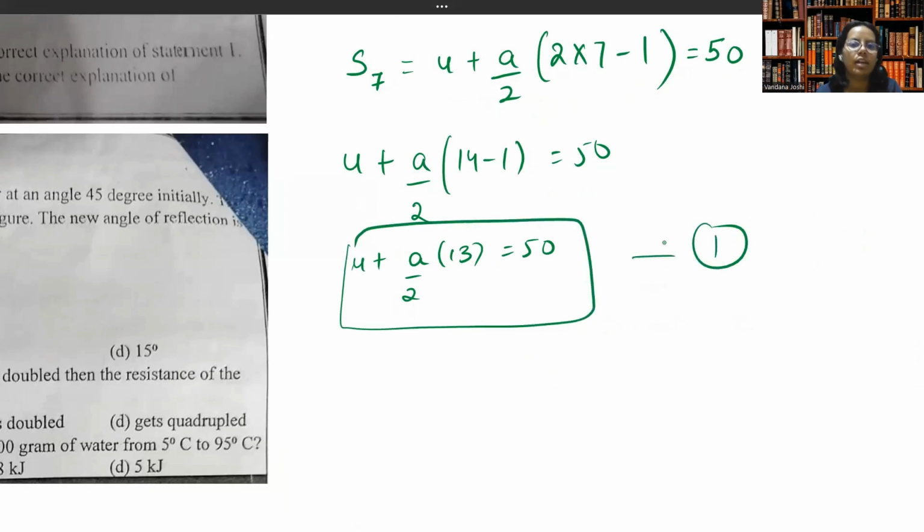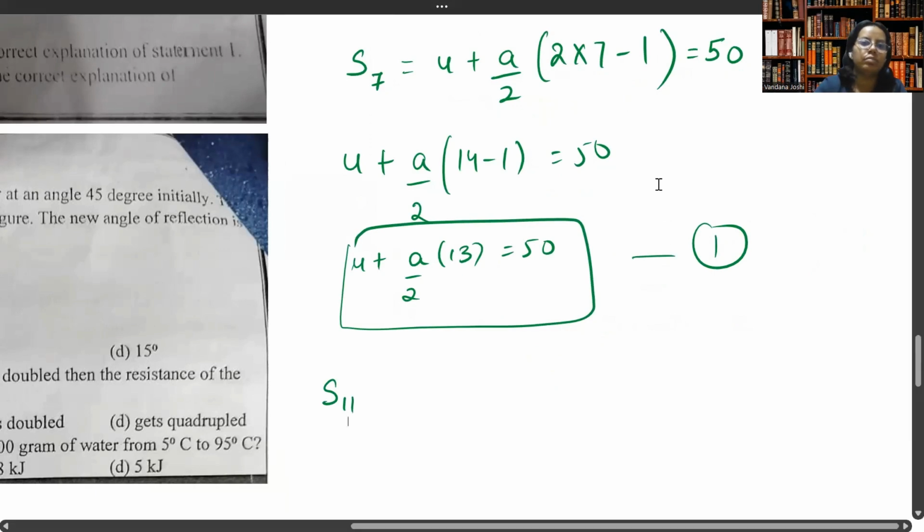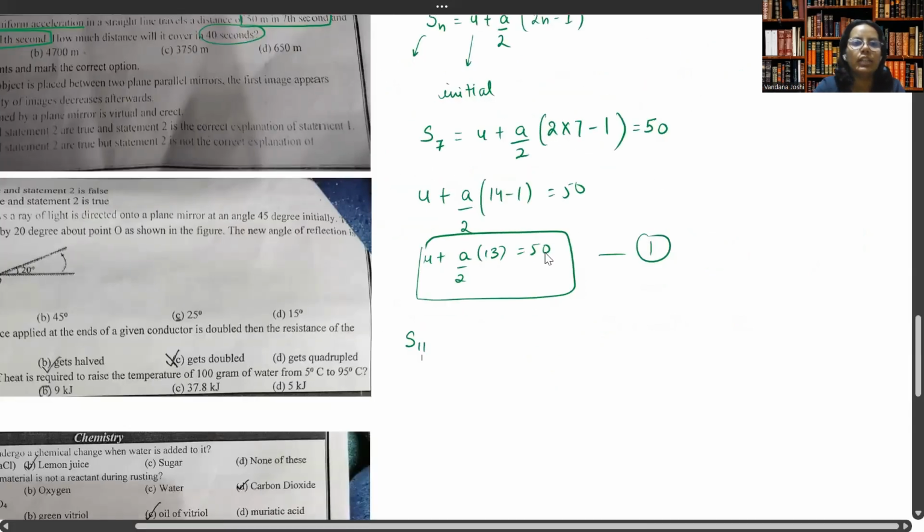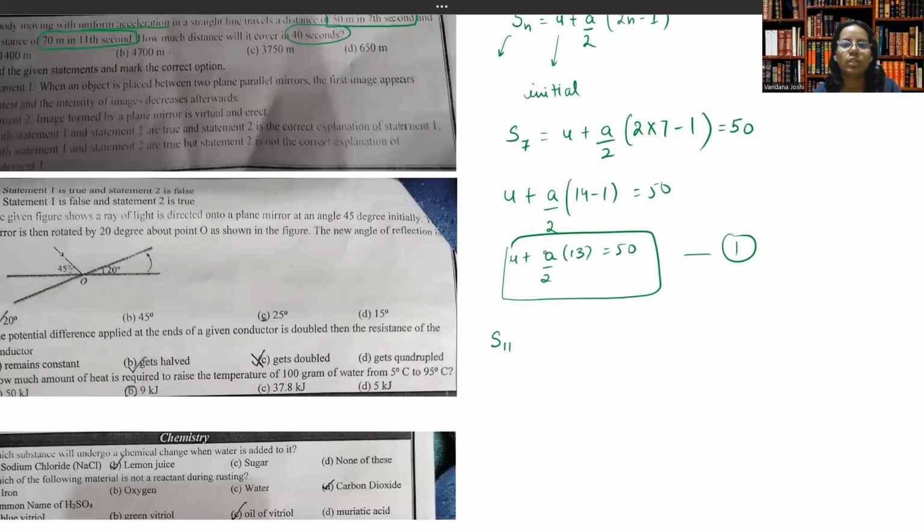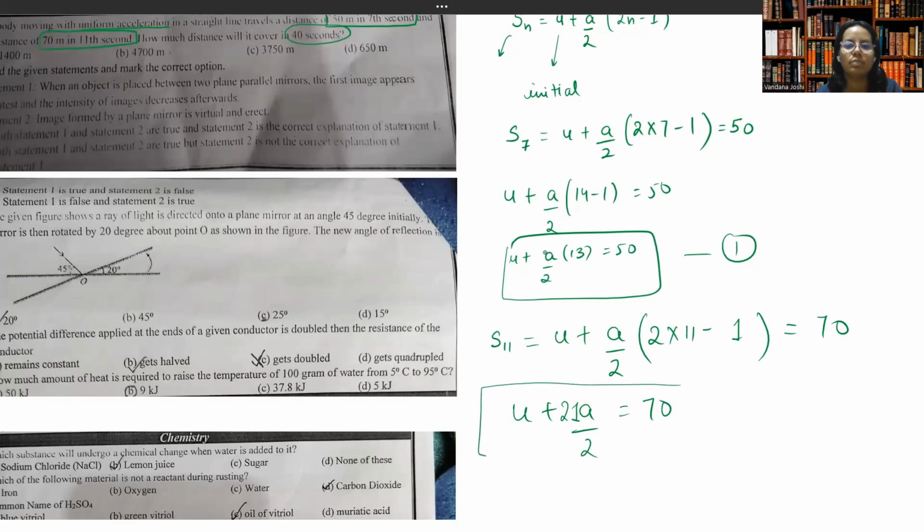Now let's calculate the value of S11, meaning the distance that is covered in the 11th second. So here we don't know the value of u, we don't know the value of a, doesn't matter. I'll just plug in n as 11, u plus a over 2 times (2 times 11 minus 1) equals 70. So solving this, u plus a over 2, 22 minus 1 is 21. So u plus 21 a over 2 equals 70. This is my equation number 2.